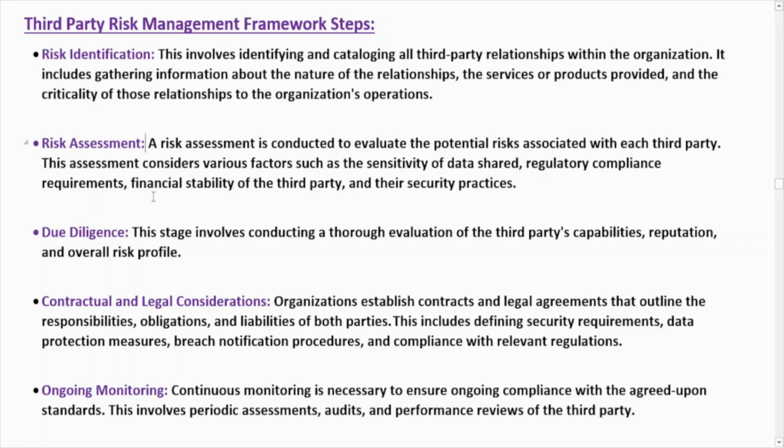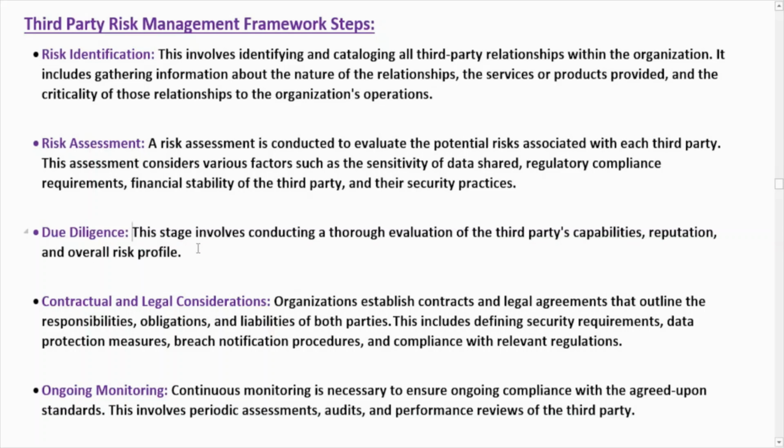In our example, in this step, the bank assesses the payment processing company's security controls, their financial stability, and also their compliance with relevant regulations, such as the Payment Card Industry Data Security Standard, whose short form is PCI DSS. They also identify the potential risk associated with data breaches, service interruptions, or non-compliance with regulatory requirements as well.